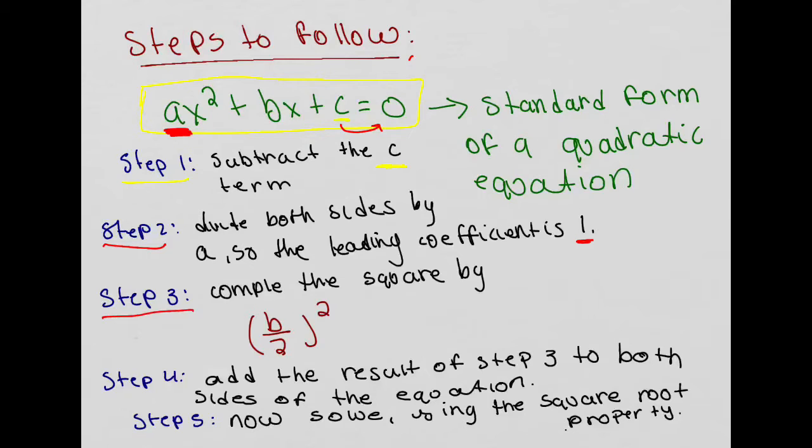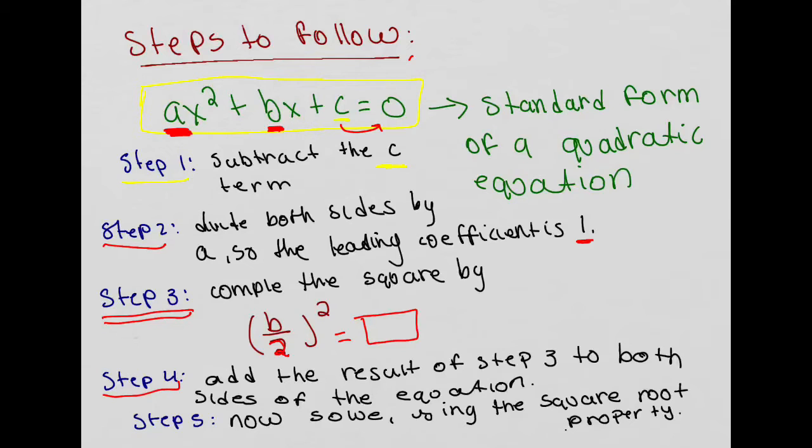Now step 3, extremely important. You want to take whatever you have for the second term, therefore your b. You want to divide it by 2, and then you're going to take that answer and square it. And that will give you something.